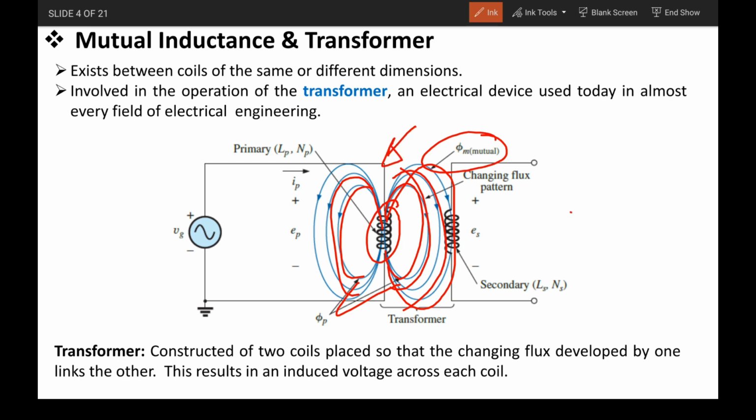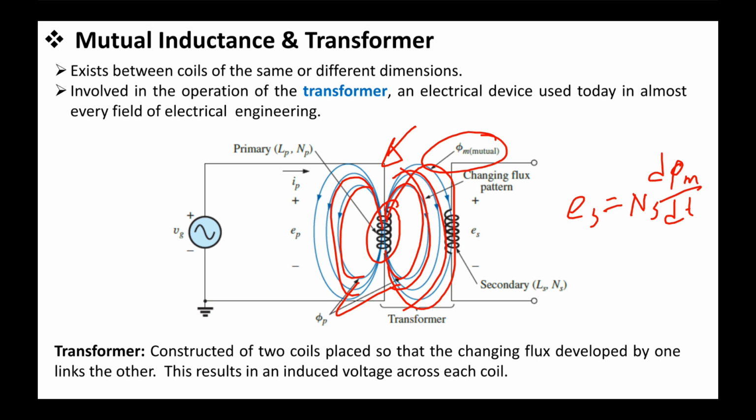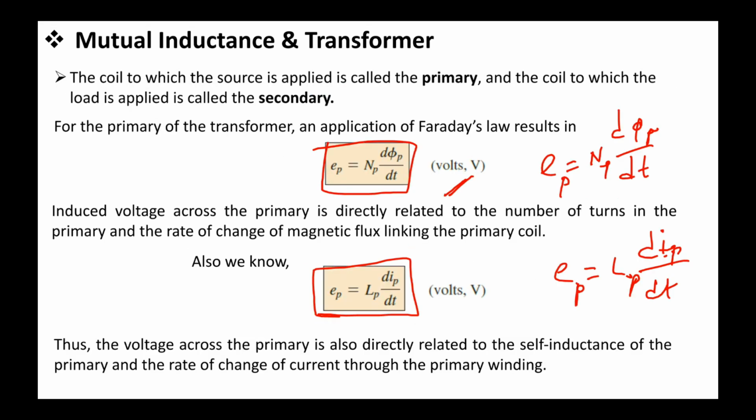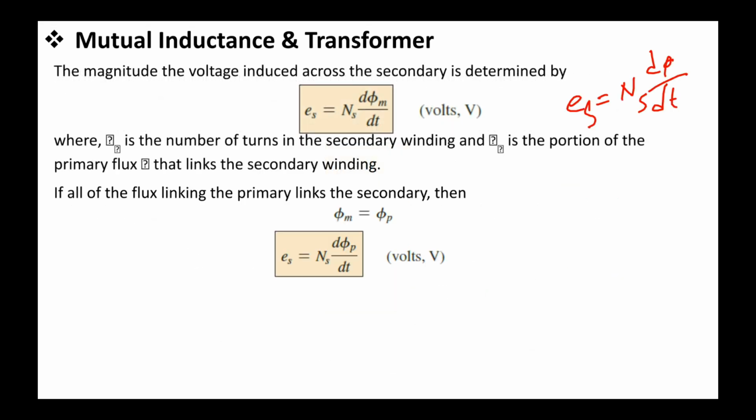Since we are writing ES, we will write d phi m by dt, and since it is the secondary, ES equal to NS times d phi m by dt. So this is the equation for the voltage induced across the secondary.